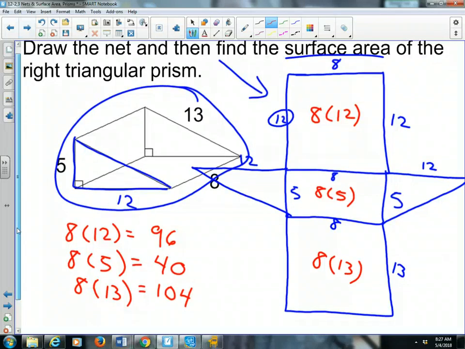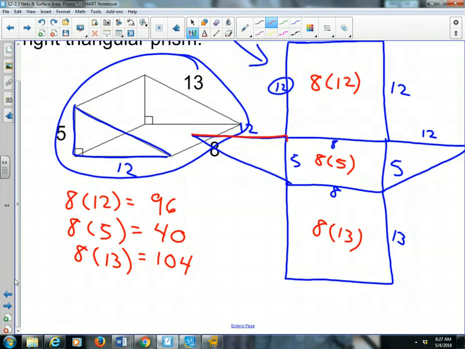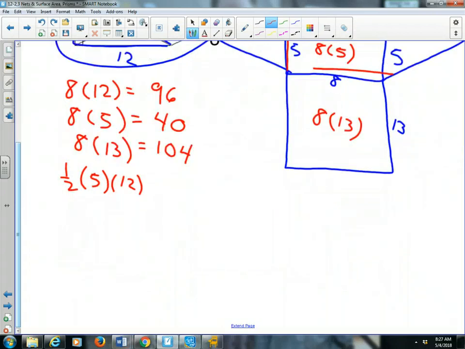And now the triangle right here is 1/2 base times height. The base and the height are always perpendicular, so it's 1/2 times 5 times 12. And there are 2 of those triangles with the exact same dimension. Remember, prism bases are congruent, so there's always going to be at least 2 sides that are the same on every prism.